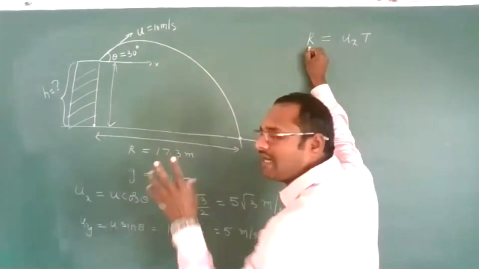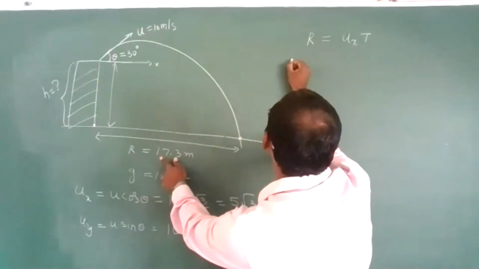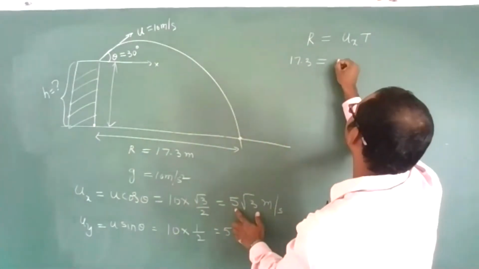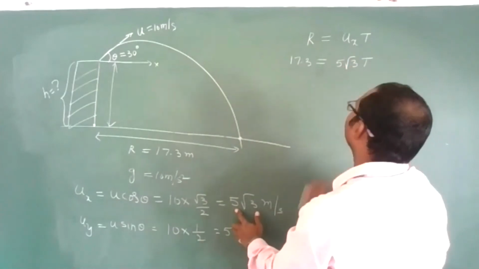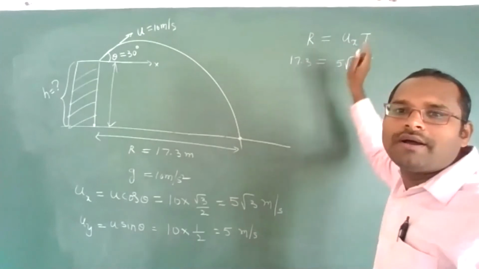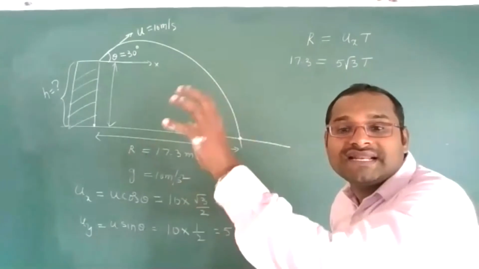I will give a different method also, but I am trying to solve with this method. So R, 17.3, is equal to 5 root 3 into time of flight. How many of you understand this formula? Horizontal distance is velocity into time, since horizontal acceleration is 0.